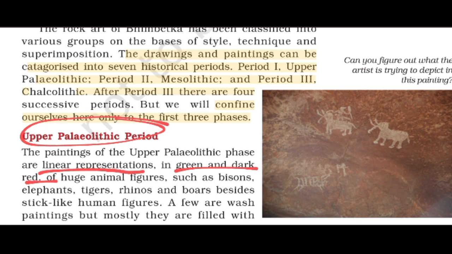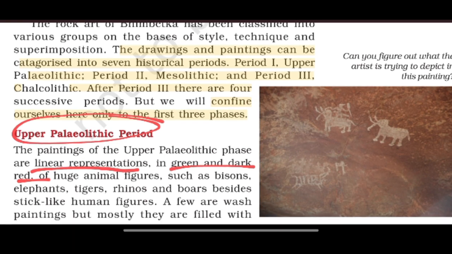Here you can understand that there were human stick-like figures, and around this human figure they used to draw elephants and some other animals. Means around a stick-like man there were figures of bison, elephants, rhinos.